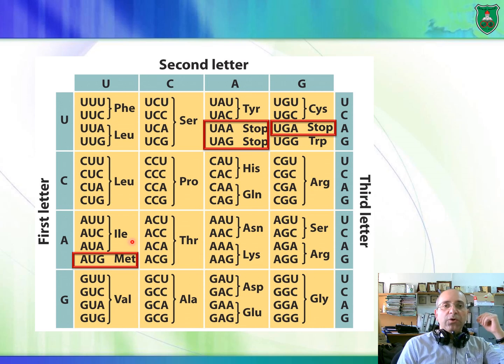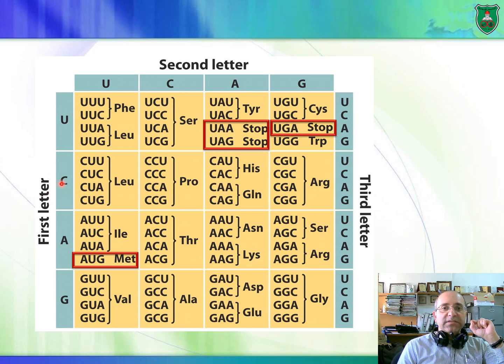But just to show you what each codon represents. So right here, for example, let's say that you have a codon that is CAU. We're talking here about the codon in the messenger RNA itself. So the first letter is C.